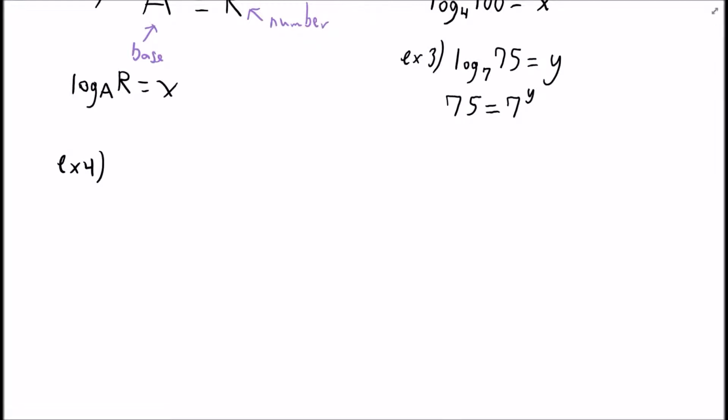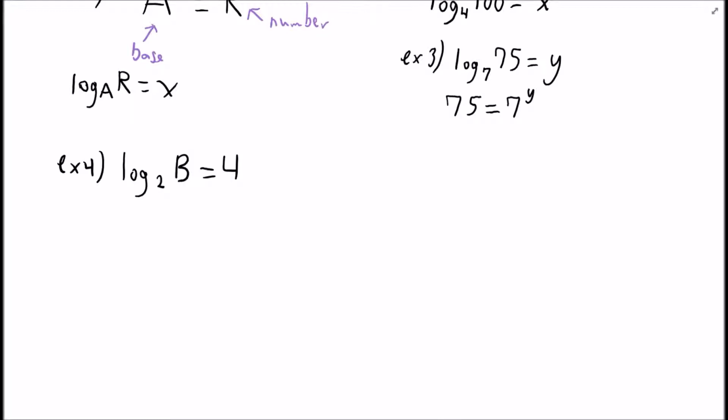So let's say we had log base 2 of a capital B equals 4. So log base 2 of some number, b, is equal to 4. And remember, 4 is the exponent.